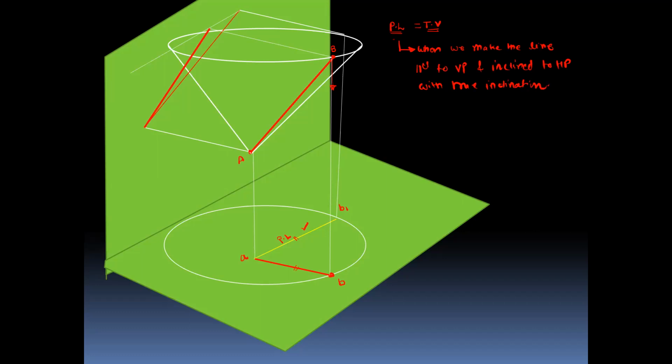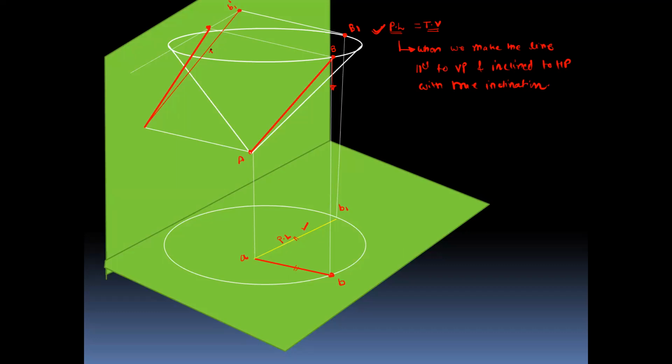In that case, in the top view, we can observe the plan length, and it is equal to the actual top view. Here you can observe in the front view the projection corresponding to the initial location of line AB. This point was corresponding to B1, so it is B1 dash. Somewhere here was the location for B1 when we made the line parallel to the vertical plane.